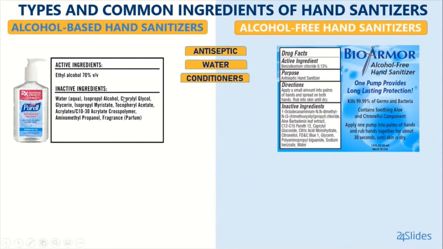Now let us see. It has caprylyl glycol, glycerin, isopropyl myristate, and tocopheryl acetate. All these are conditioners. For the alcohol-free product, I can see there is an aloe vera extract. Aloe vera is definitely a well-known skin conditioner. And there is also glycerin that gives humectant property.